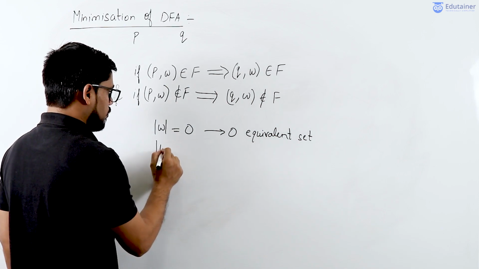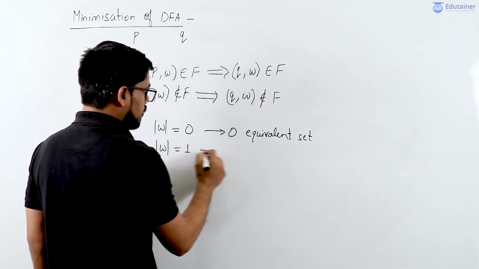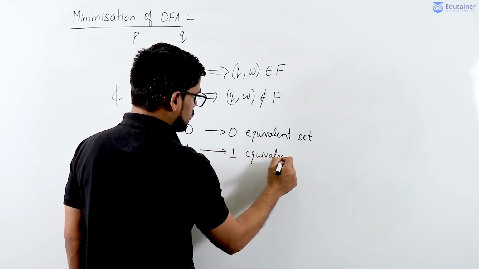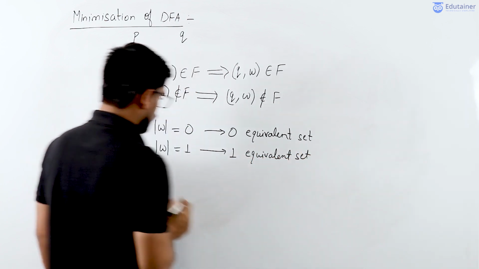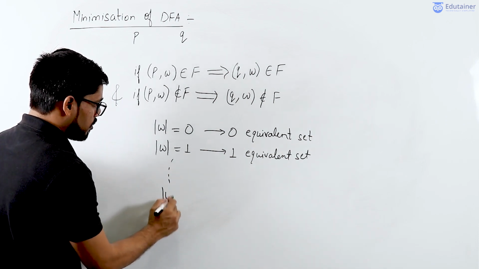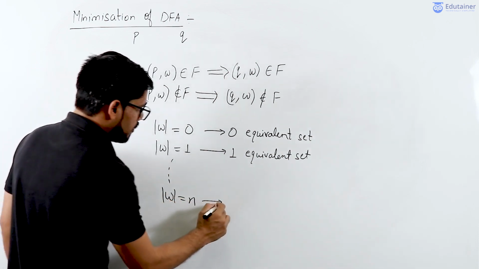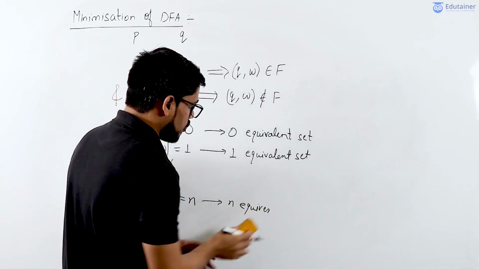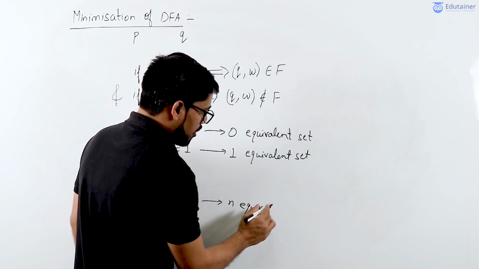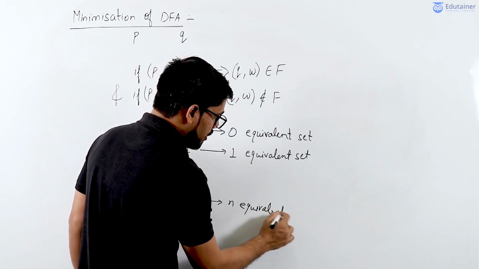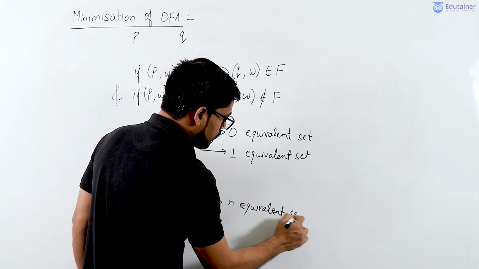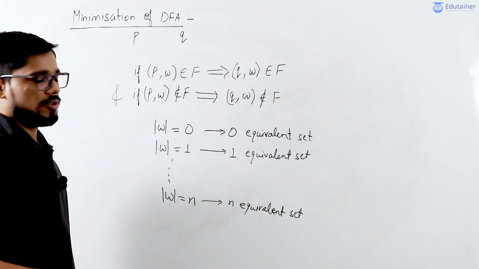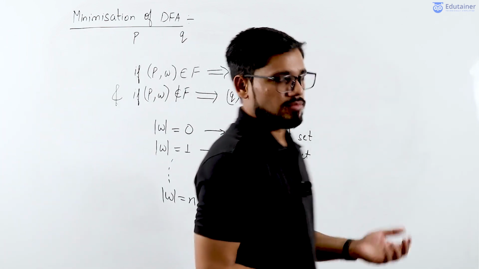Similarly, if the length of W equals 1, then it is called the one equivalent set, and so on. If the length of W is equal to n, then it is called the n equivalent set. This terminology is used in the process of minimization of DFA. So just note down this particular definition, and after that we will see the minimization example.